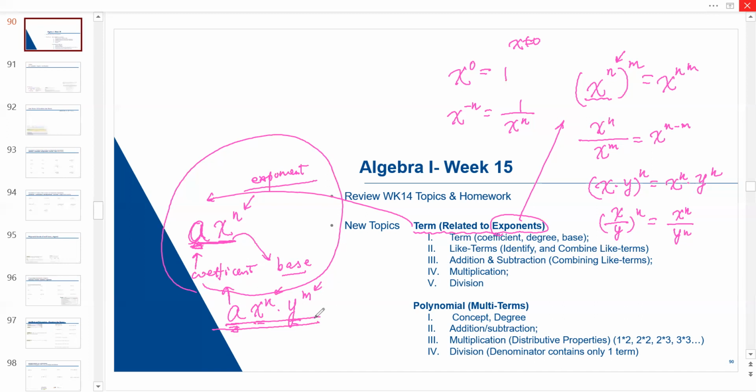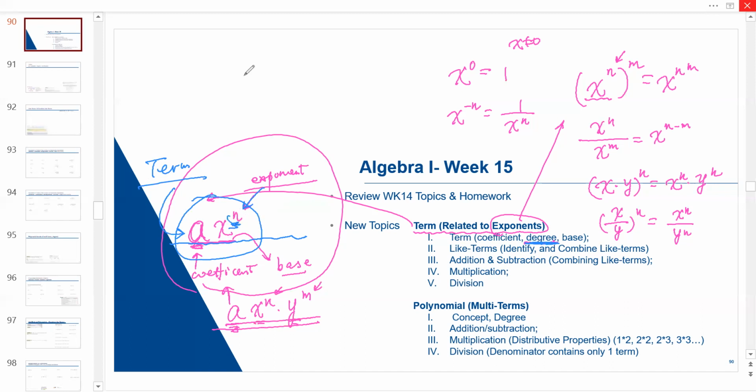In this case, one word we need to bring up is degree. What is the degree here? If there is only one variable in the term, the degree is the exponent itself.